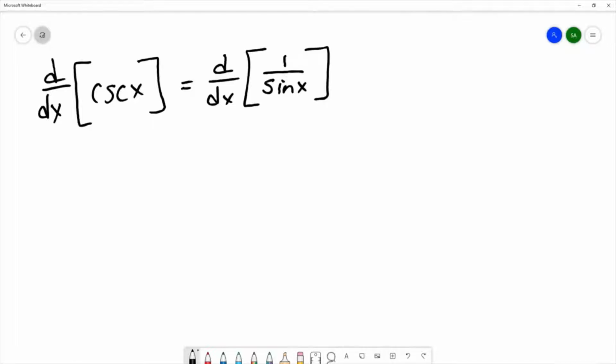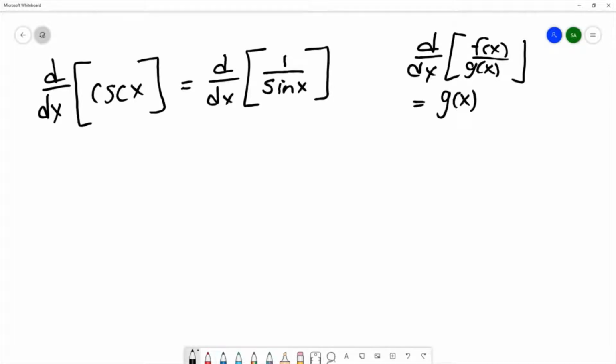So using the quotient rule, let me give you guys the quotient rule. That's when you have a fraction that you're trying to take the derivative of. And the way you calculate the derivative when you have a fraction is to take the denominator and multiply it by the derivative of the numerator minus the numerator times the derivative of the denominator all over the denominator squared.